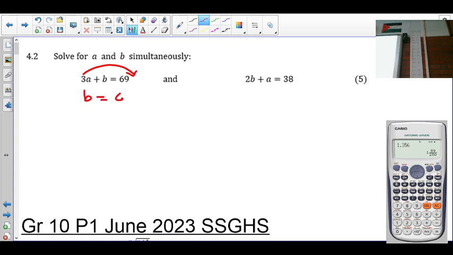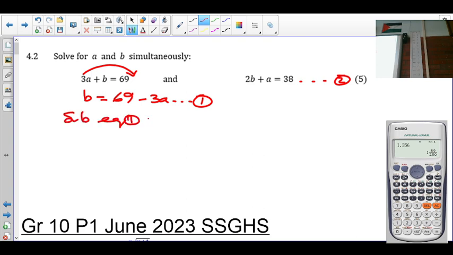B is then equal to 69 minus 3a. And this is equation 1, equation 2. Or you could have called the first one equation 1 and then the new equation, equation 2, it doesn't really matter.